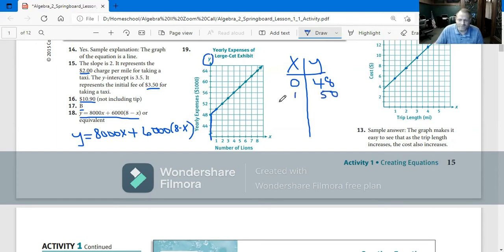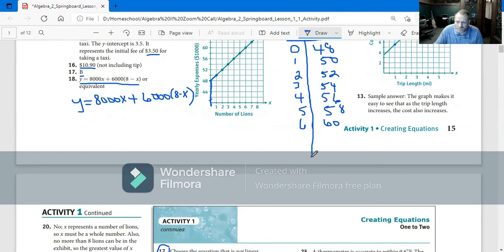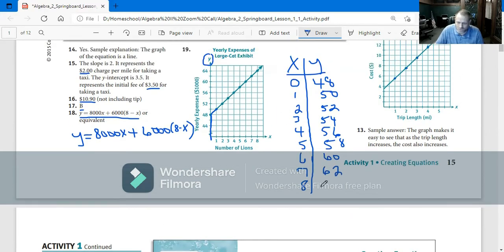150, 252, 354, 456, 558, 660, 762, and 864.